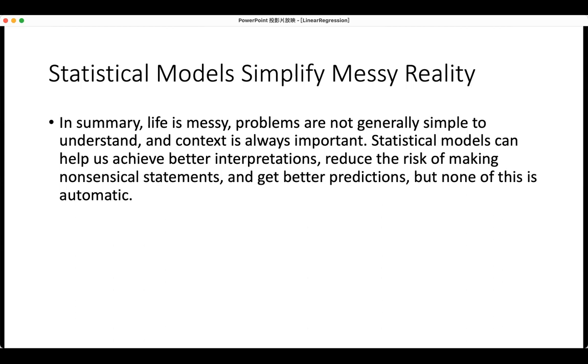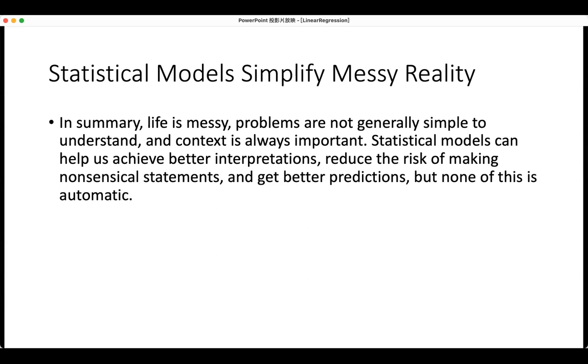Sometimes when you have so many factors, in the simple linear regression, we only consider maybe one factor and disregard the other factors, right? But as we have said, life is messy, so problems are not generally simple to understand.